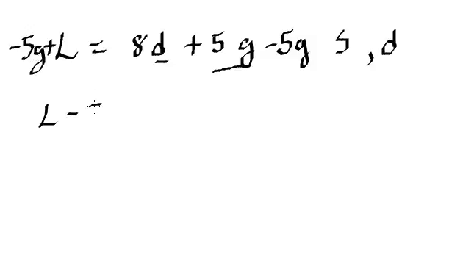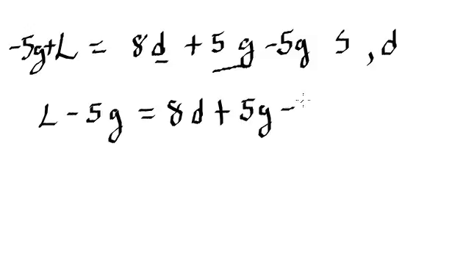So L minus 5G is equal to 8D plus 5G, and we subtracted 5G. By subtracting, that's going to get this guy to cancel out and become 0. Now all we're left with is 8D is equal to L minus 5G.